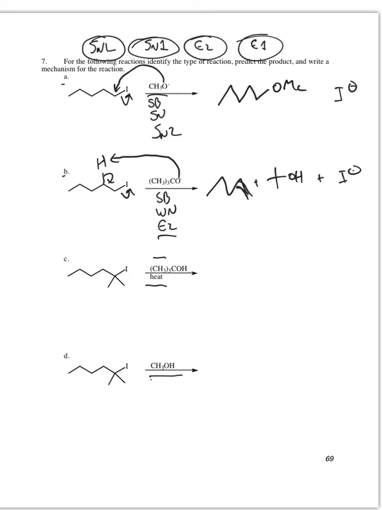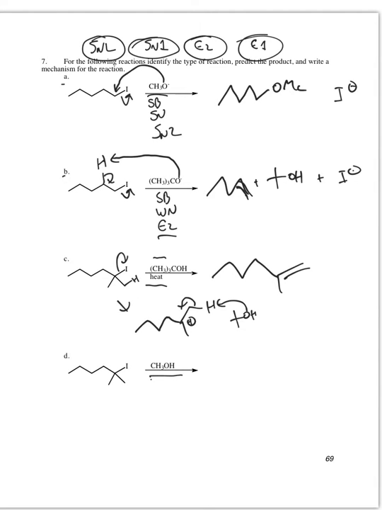So this is going to be an elimination since we have a large weak base, weak nucleophile. It's going to have to go for a hydrogen on the outside edge of the molecule. And so our main product will be this. So we're going to form the cation, and then T-butanol will grab a hydrogen on the outside edge to form the alkene.